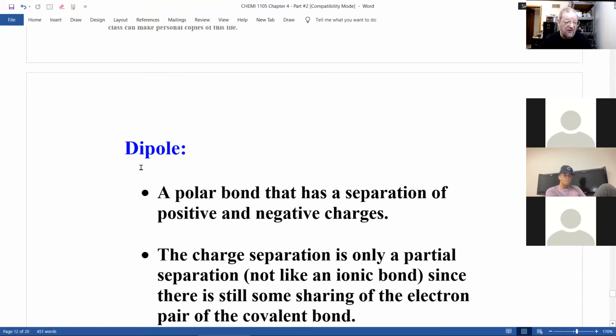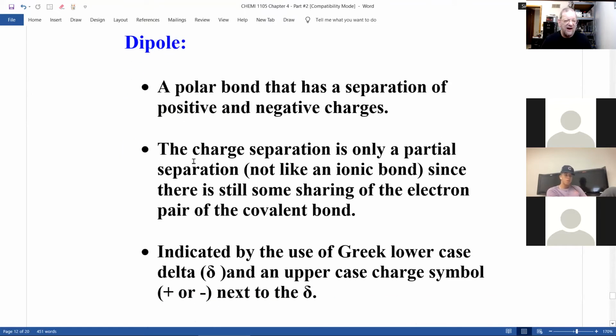And pole is for polarity or charges. A dipole is a polar bond that has separate positive and negative charges. This charge separation is only partial. It's not a full charge separation like an ionic bond, since there's still some sharing.